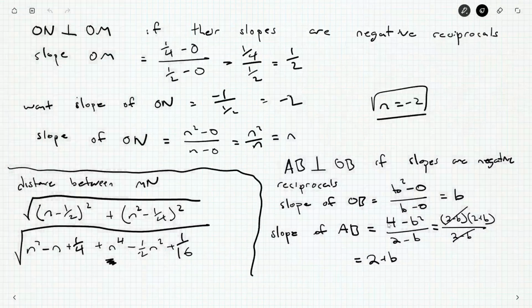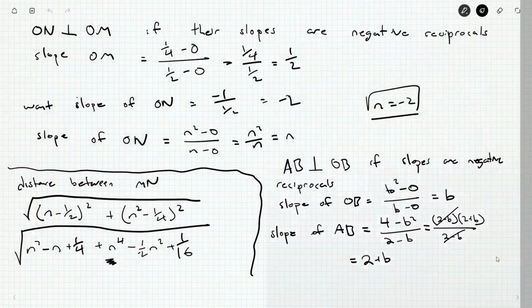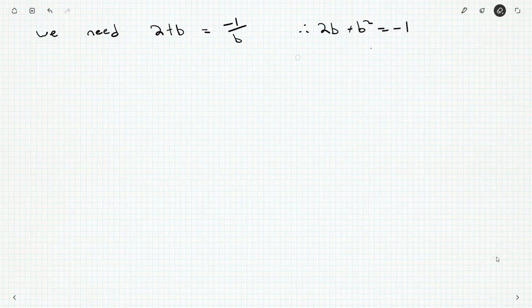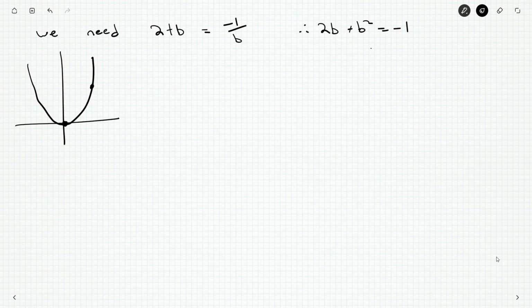And you know what it is? I think it's 2 plus b, not 2 minus b. That's where I goofed. So I'm going to say, based on the picture, from O to A, that's going to be the hypotenuse of the triangle heading out here and a triangle down here.